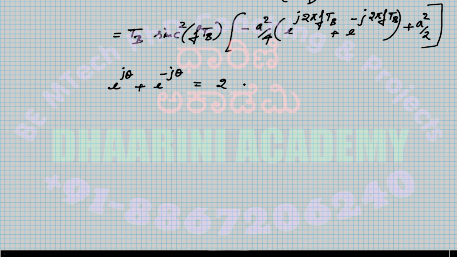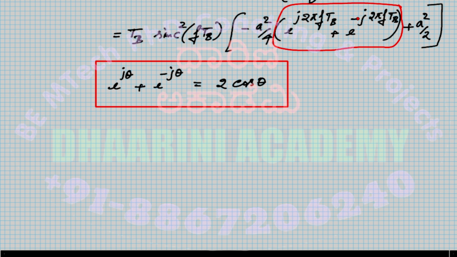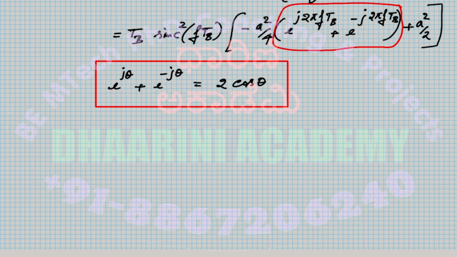Something like this, right? This is the property which I'm going to use, here. I can see e to the power j theta plus e to the power minus j theta. What is the theta value? 2 pi f Tb. Correct? So I can replace that as 2 times cos something. So that's my next step.